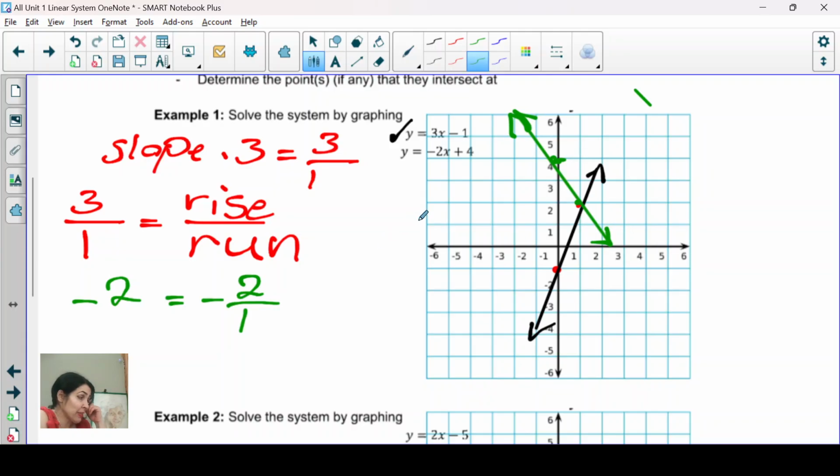The answer when you solve is the point of intersection. This is the answer. And the answer is the point x = 1, y = 2. This is 1 and 2. This is the answer.